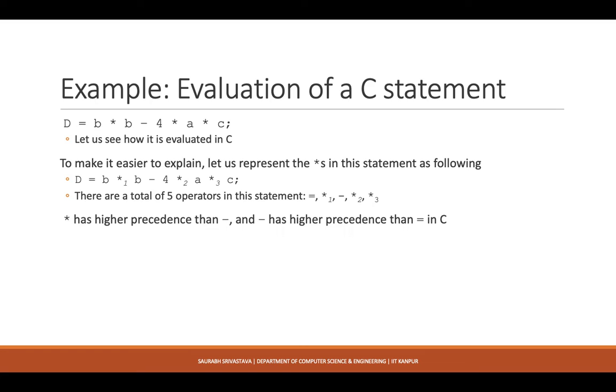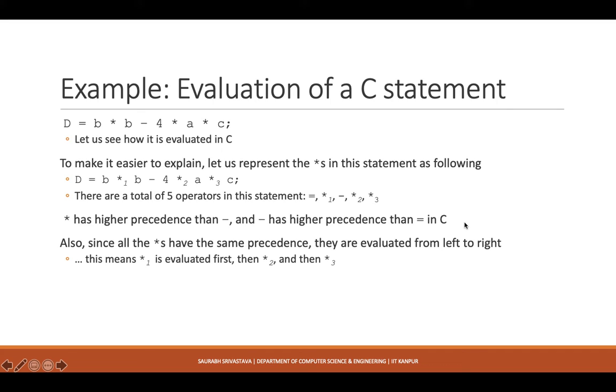No, division and multiplication are at the same level in a programming language like C. This is why I had to include those expressions inside parenthesis, because otherwise I wanted it to be calculated in a different fashion. Anyhow, star has higher precedence than minus, and minus has higher precedence than equal to.